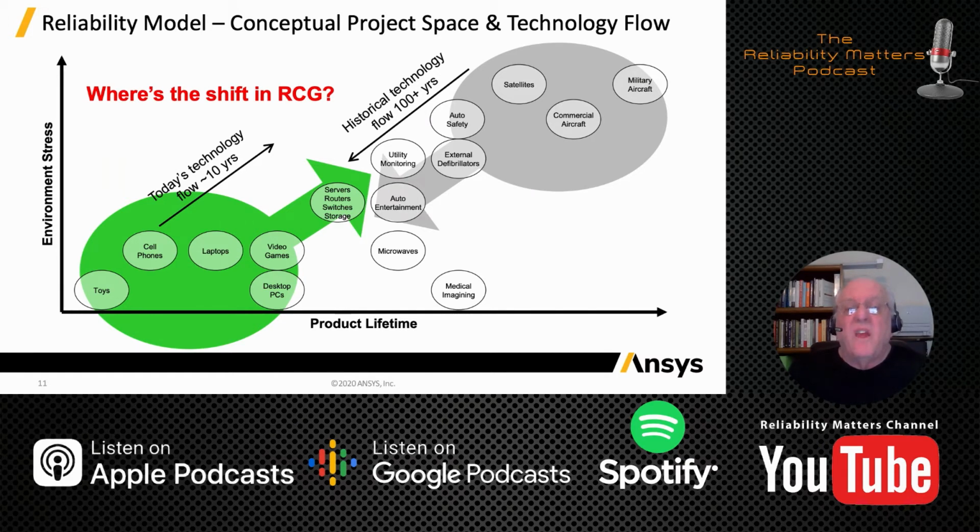So the arrow that you see there, historical technology flow over the last approximately 100 years. All of these design rules and the processes and materials and the components and those kinds of things were, in the old days, largely developed in this upper right-hand quadrant.